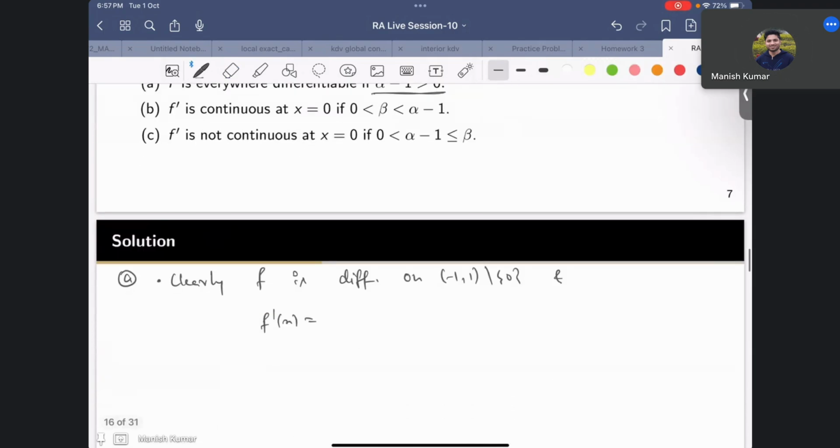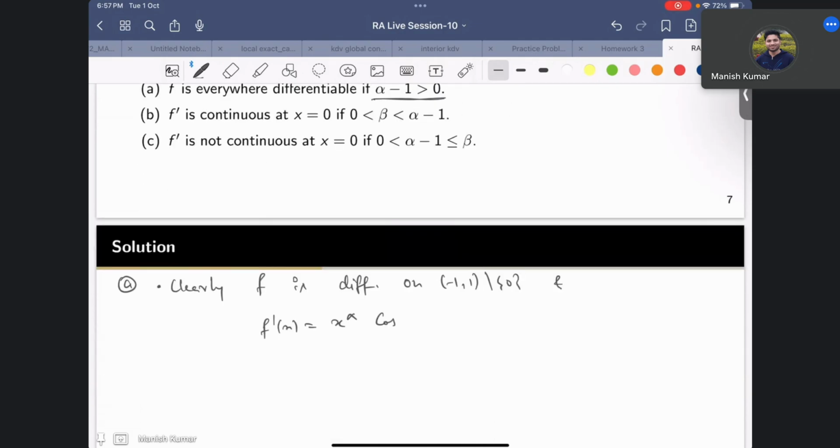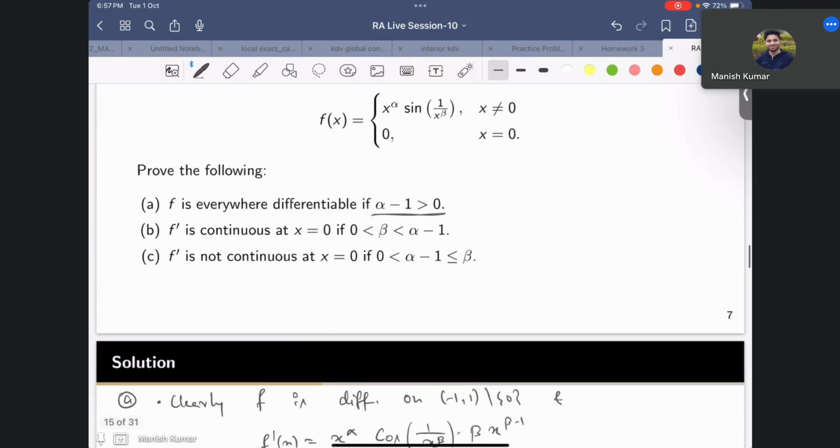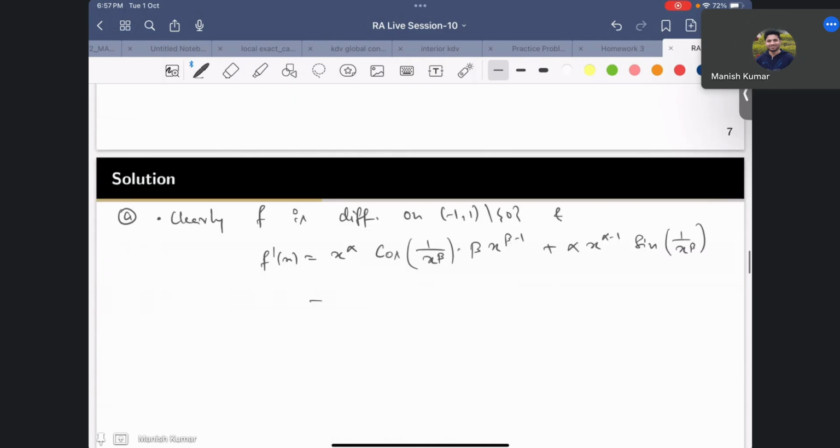So f'(x) would be x raised to the power α, and then the derivative of sine would be cos, so cos(1/x^β), and then you will have βx^(β−1), plus α times x^(α−1) and then sin(1/x^β).